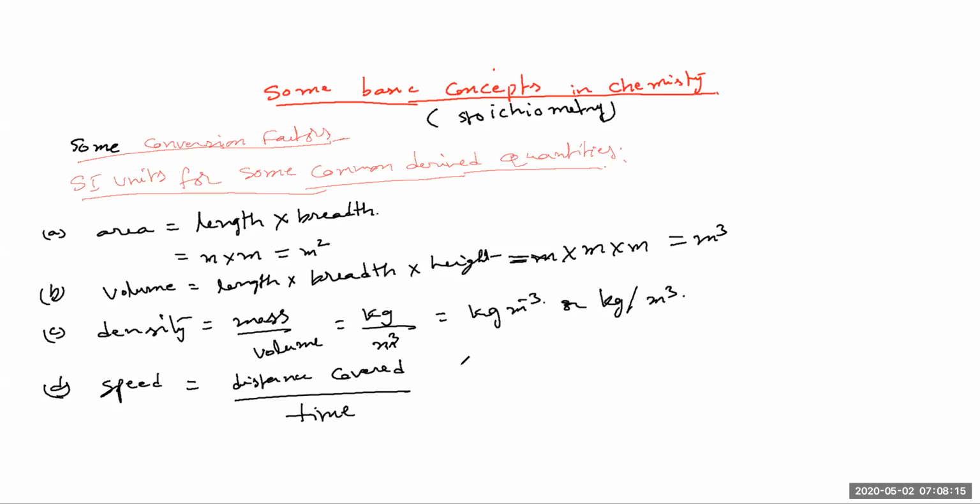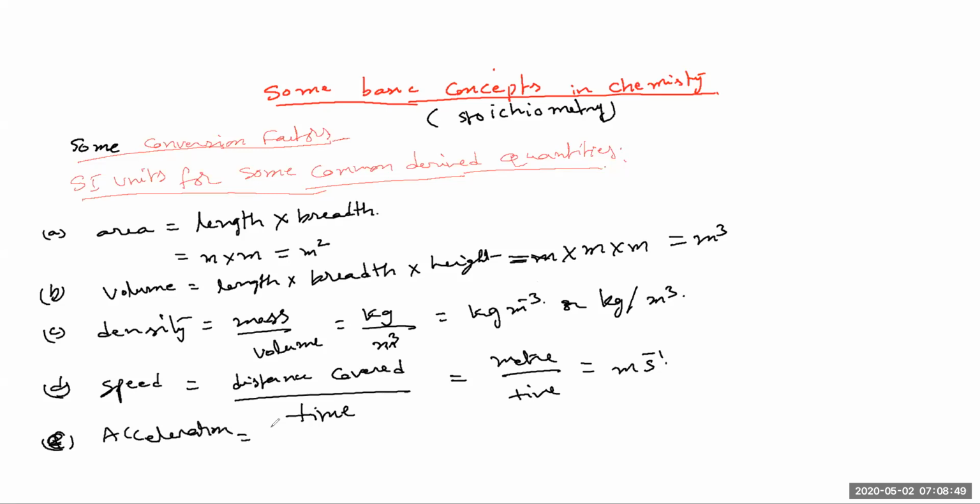Of course, these all are there in the physics subject also, but before entering the chapter I'm writing some, you note it down. Distance is meter, time is second, so meter per second. Next one is acceleration. So what is meant by acceleration?